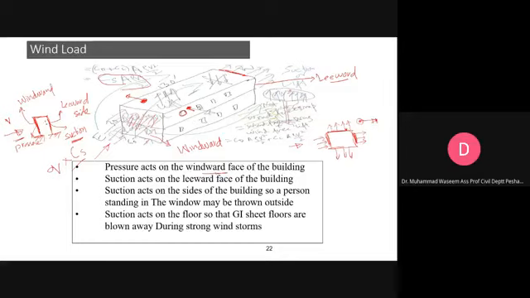It will try to blow off the roof. The floors will be experiencing suction. Pressure on the windward side, and on the other sides of the building, inside the building, you will experience suction.